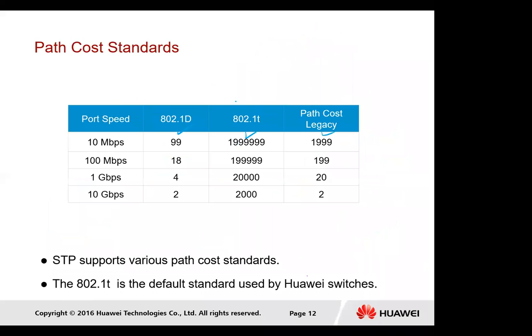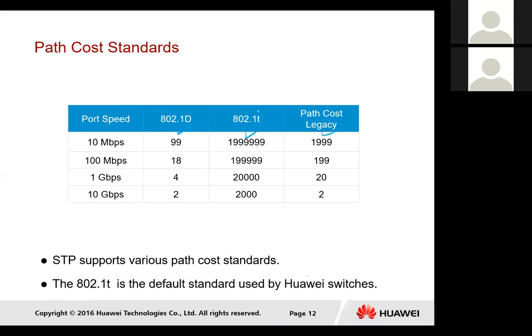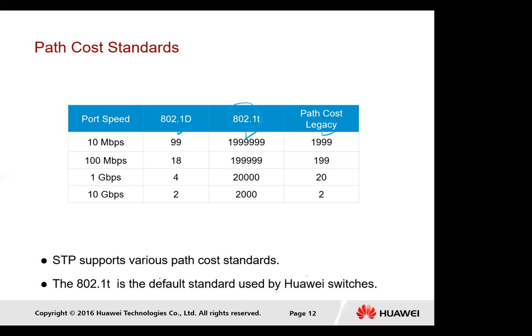Huawei switches use .1t as the default standard. Other vendors might use 1D or path cost legacy. All of this can be easily modified, but when you modify the path cost, you have to modify it on all the switches as well. That is the standard of the path cost.